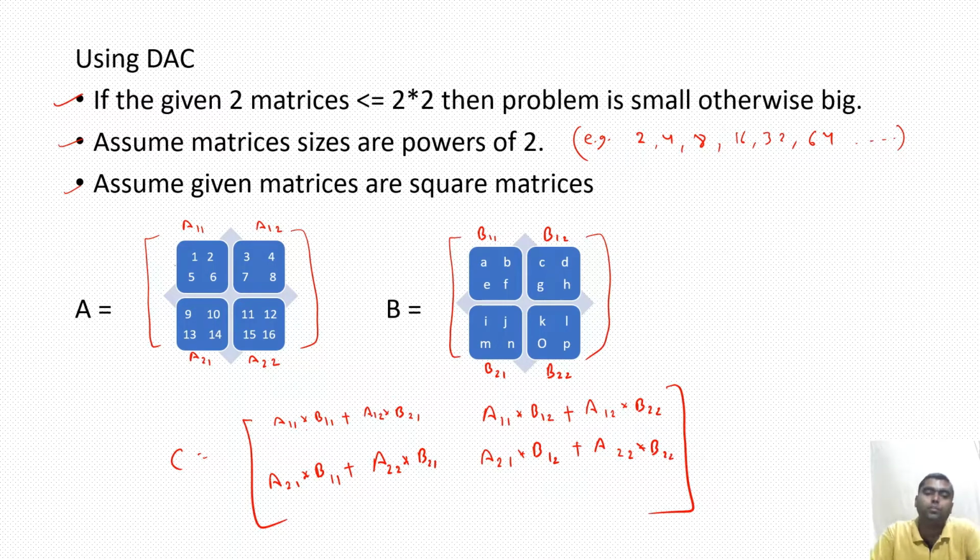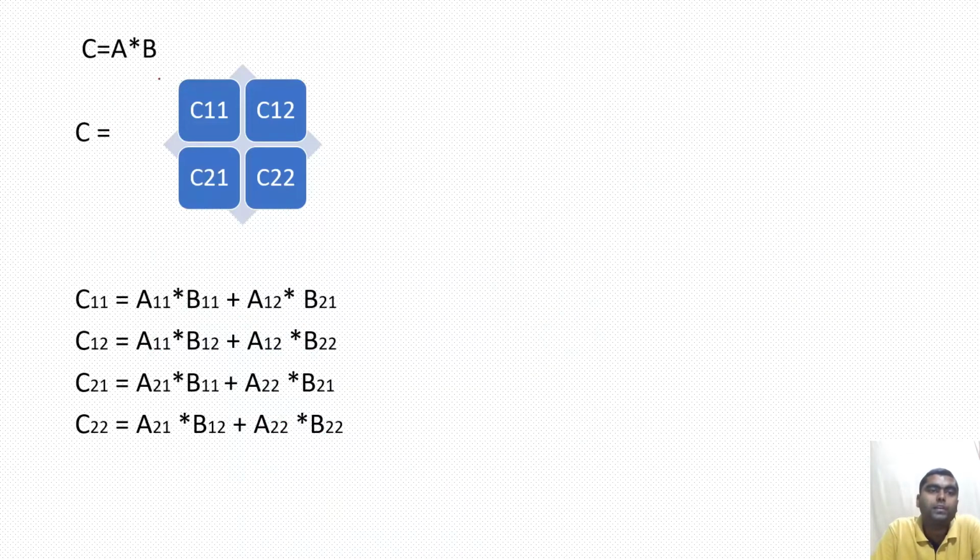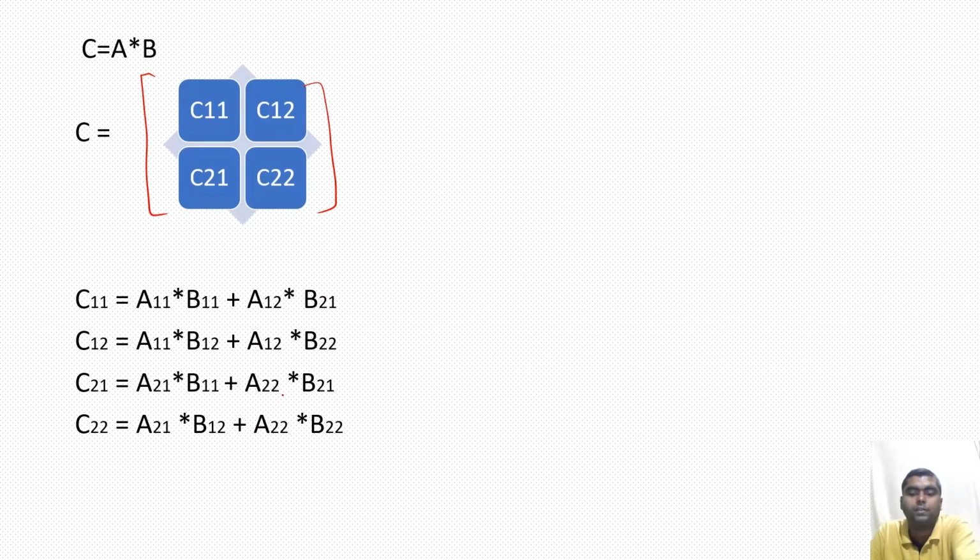Here, if you observe carefully, 8 multiplications are required, 1, 2, 3, 4, 5, 6, 7, 8, and 4 additions are required, all of size n by 2.